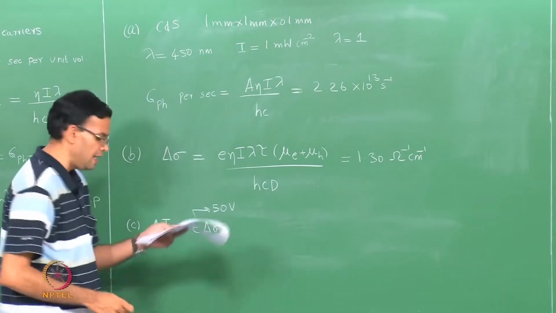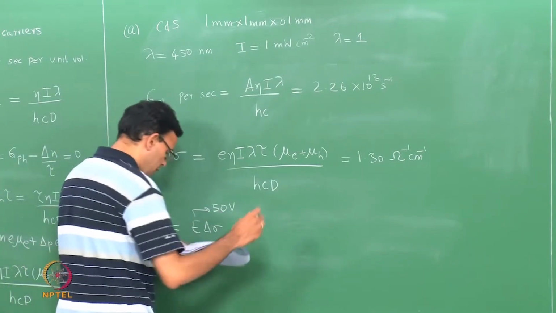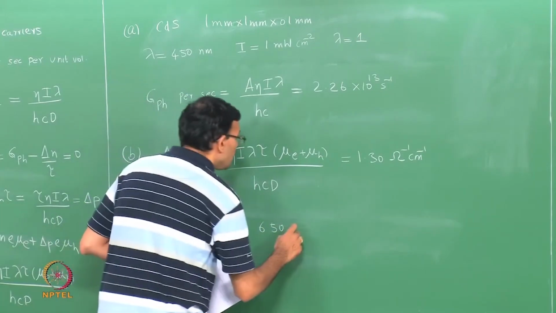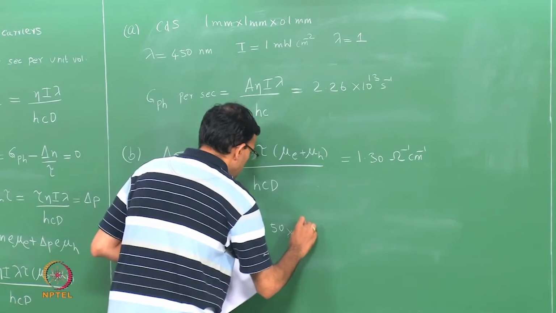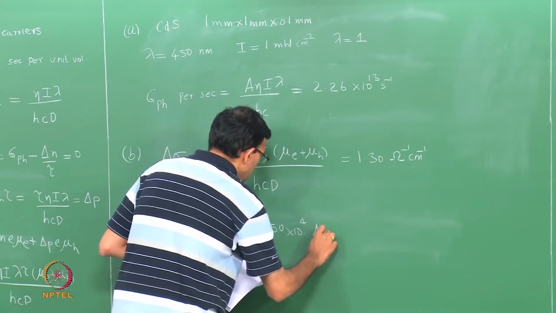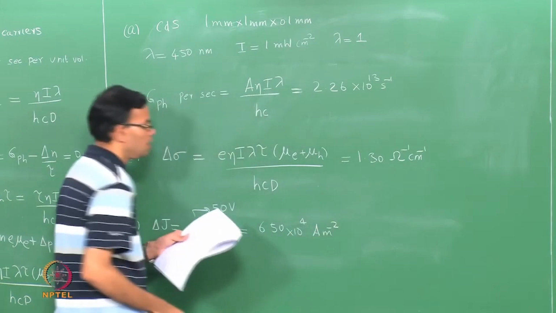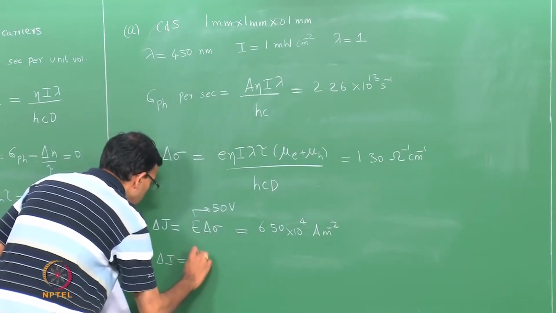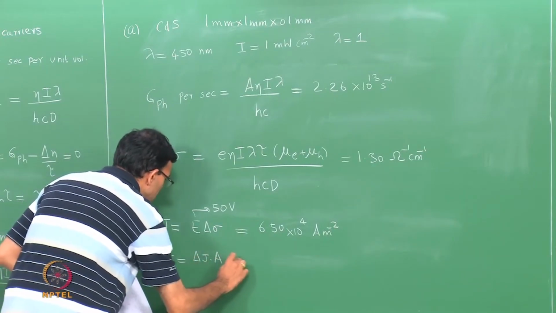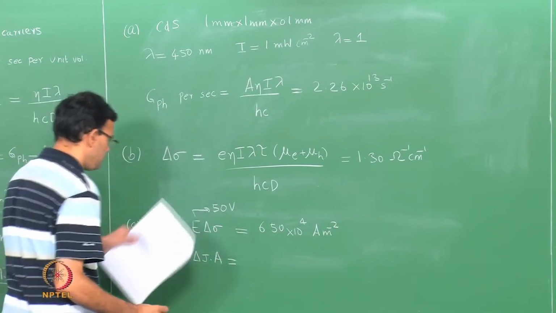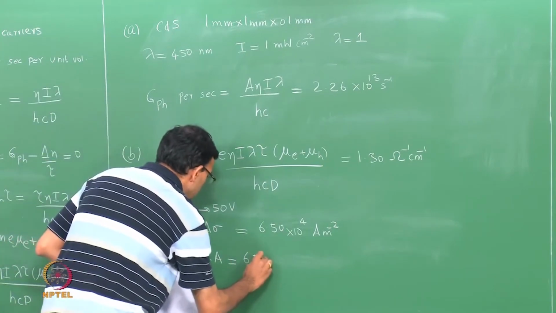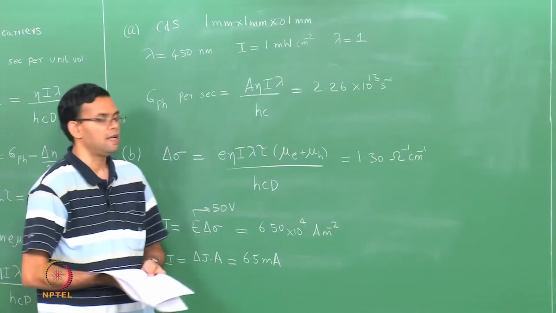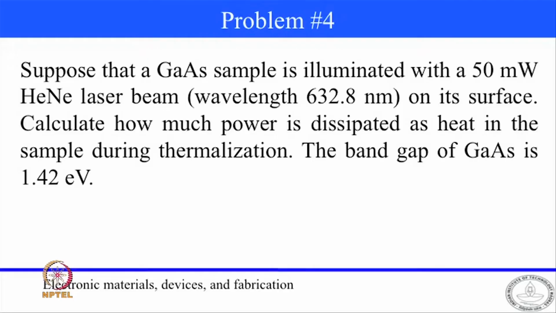So, we can calculate delta J. This works out to be 6.50 times 10 to the 4 amperes per meter square. To calculate the current, so delta I is nothing but delta J times the cross sectional area A. This is 6.5 milliamperes. So, let us now go to problem 4.